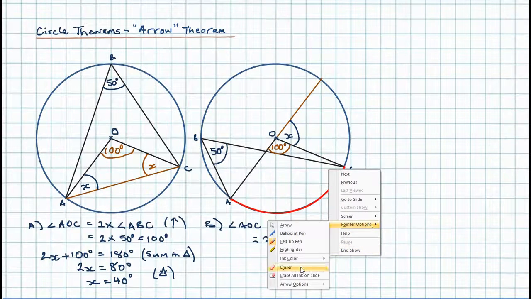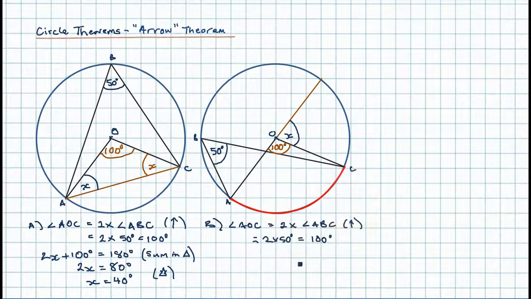And now to finish the problem, x must equal 180 degrees subtract our angle at the center, giving us 80 degrees as our answer.